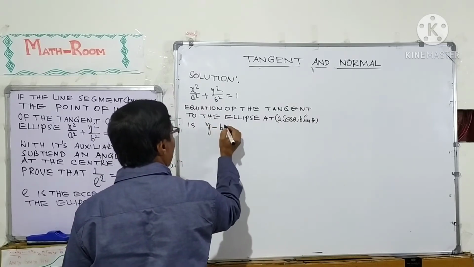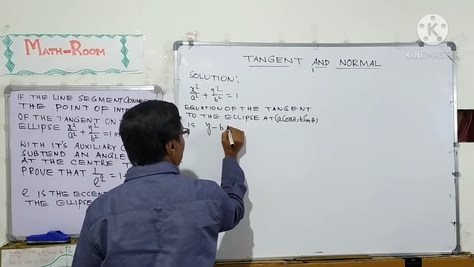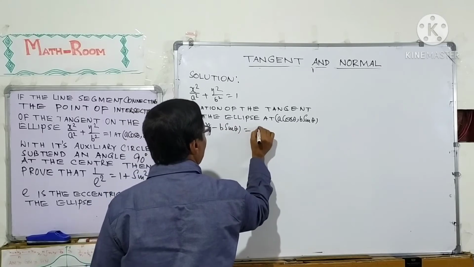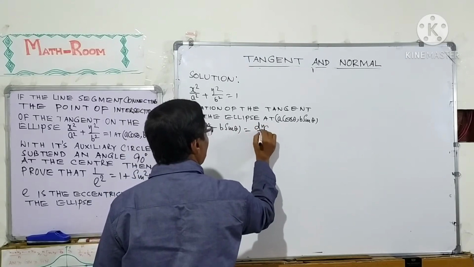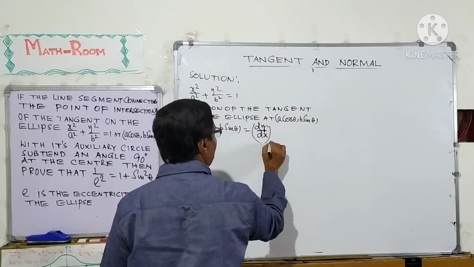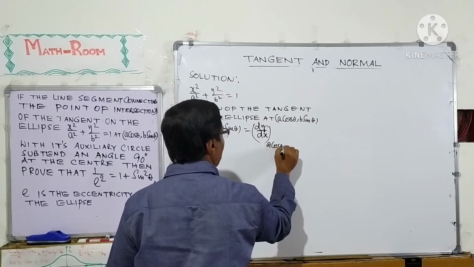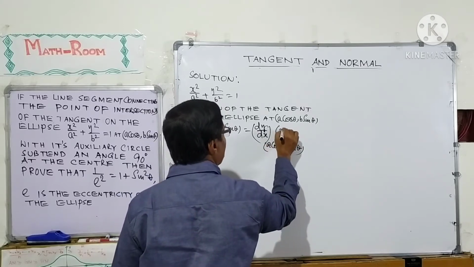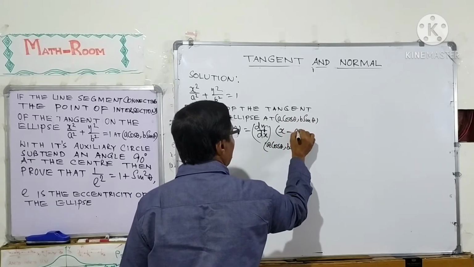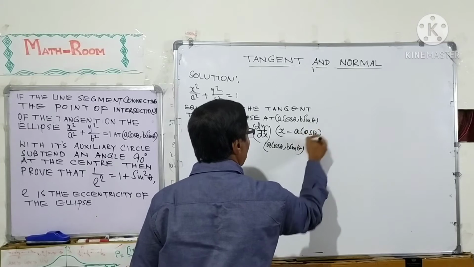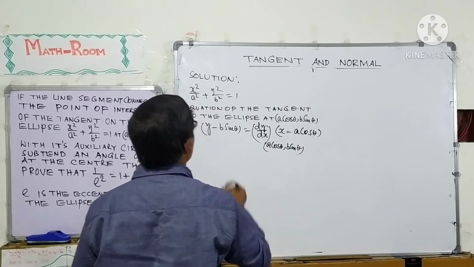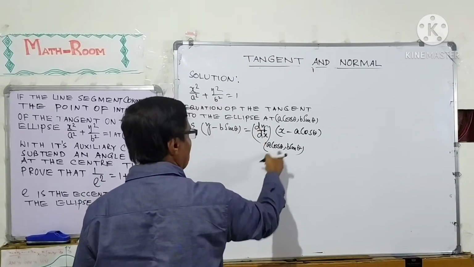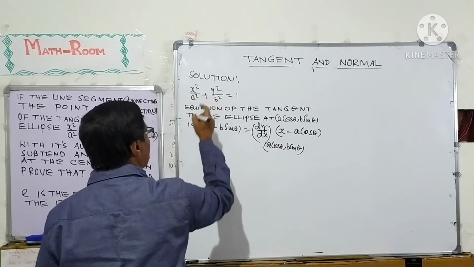So y minus y1 is y minus b sin theta, equal to dy/dx at (a cos theta, b sin theta) times x minus x1, that is x minus a cos theta. We can also calculate the value of dy/dx at (a cos theta, b sin theta) for this curve.